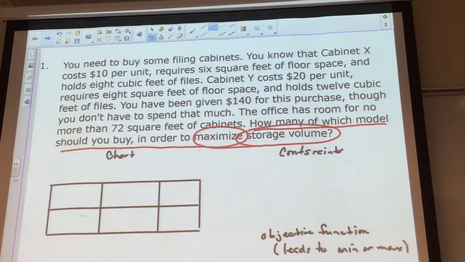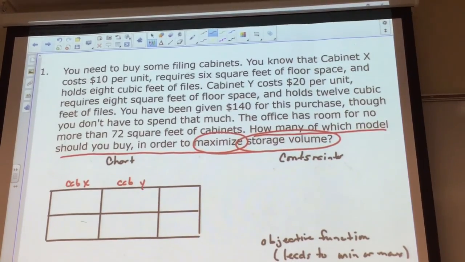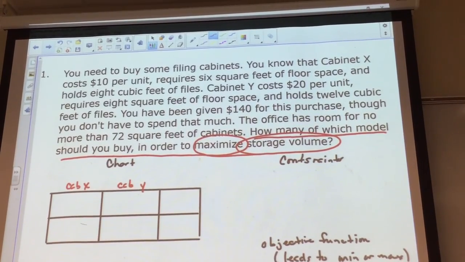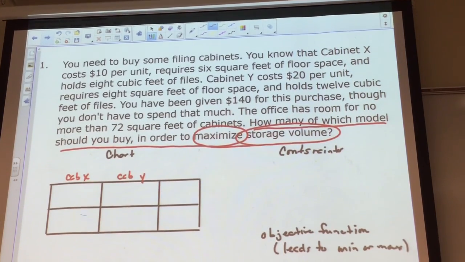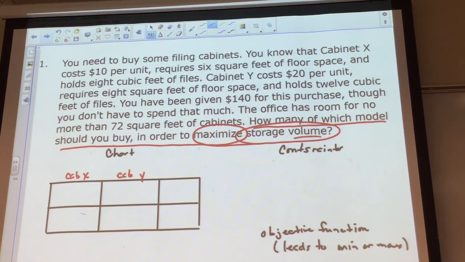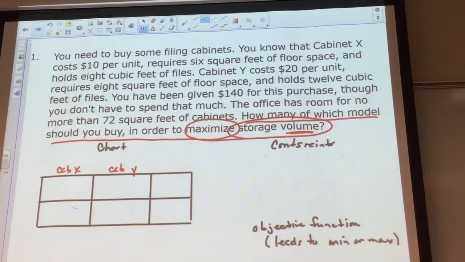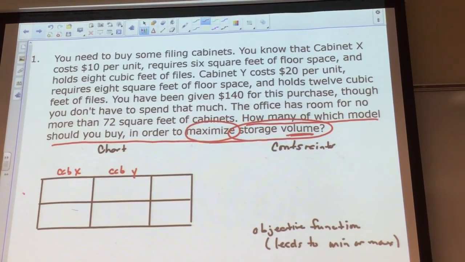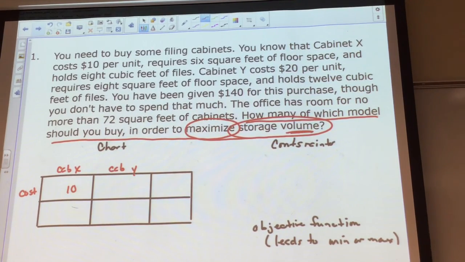So how many of cabinet X am I going to buy? How many of cabinet Y am I going to buy? And cabinet X has 3 characteristics, but one of them is part of the objective function. And that would be the volume characteristic. So I go back and start reading again. Cabinet X has a cost of $10 per unit.